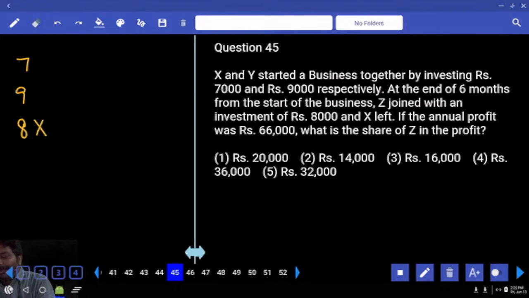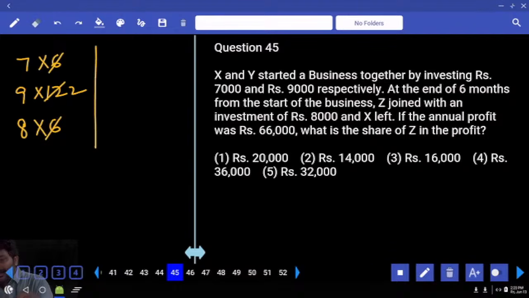So he will be there for remaining 6 months only. And during the same time, X left, right? So X was there in the business for 6, and Y will be there for 12, 6 times 2, 1 time. 7, 18, 8. Total how many parts? 33. 33 parts is equal to 66,000, right? Exactly double. Question is about Z. 8 parts will be 8 double thousands.